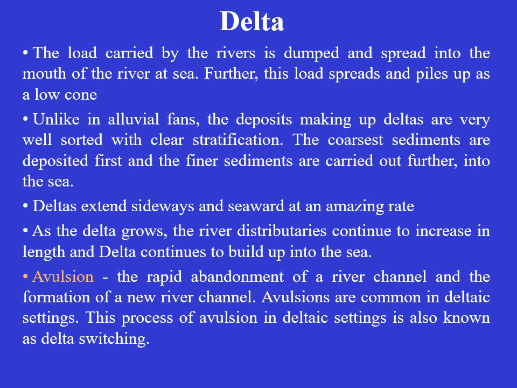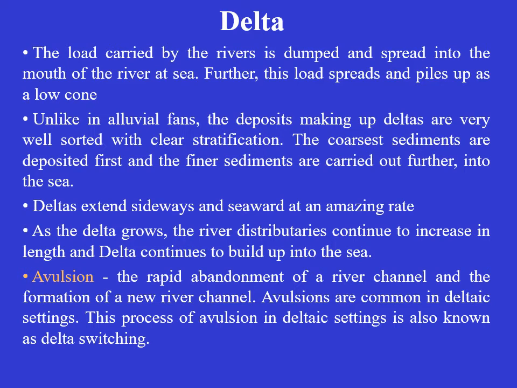Next, another important feature is known as delta. Now, a delta forms when the river meets a permanent water body. It may be either a large lake or the ocean, and at that point the flow of the river ends.